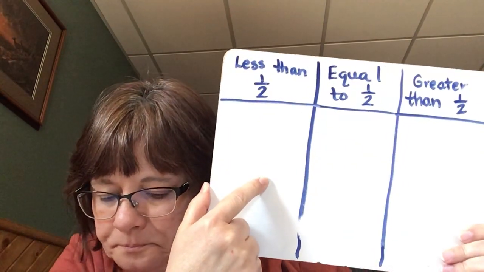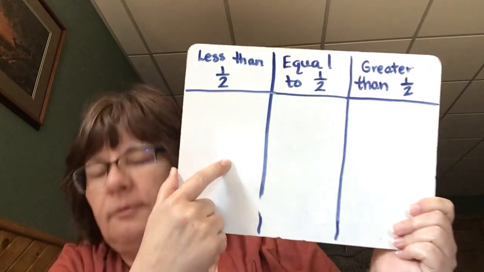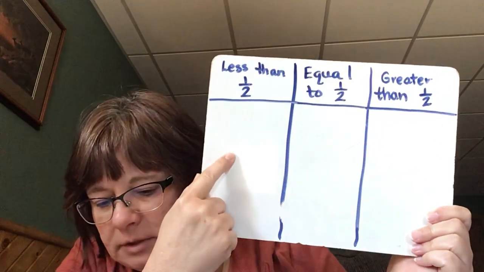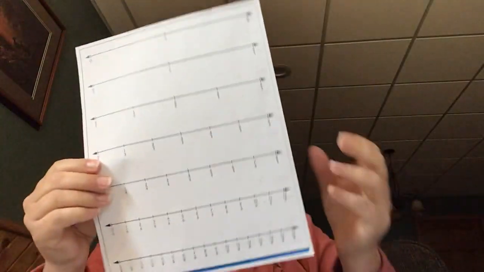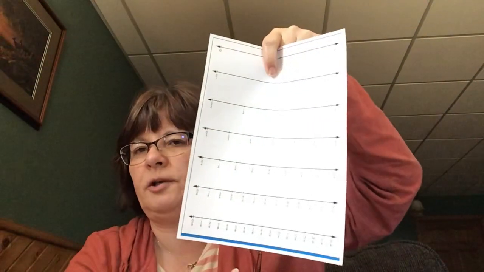Okay? Less than 1/2. For example, 1/4 would go in this one. If I'm looking on my chart, I would find 1/2 right here, and 1/3 is less than it, 1/4. So write down the ones. Remember how I told you to put the ruler on your chart?